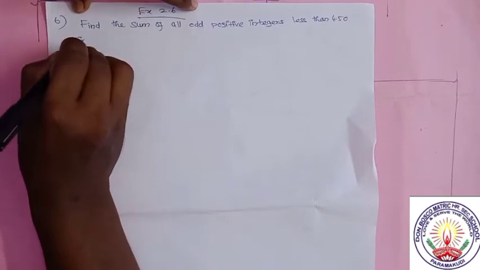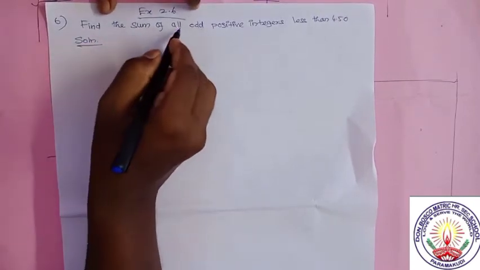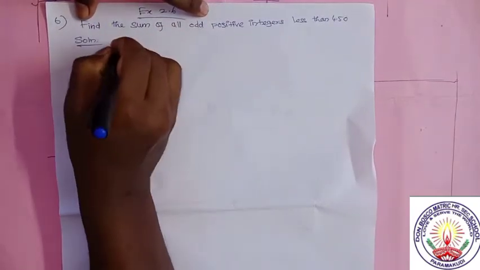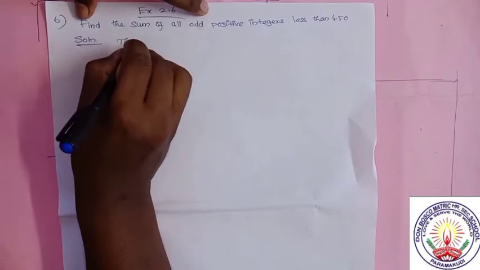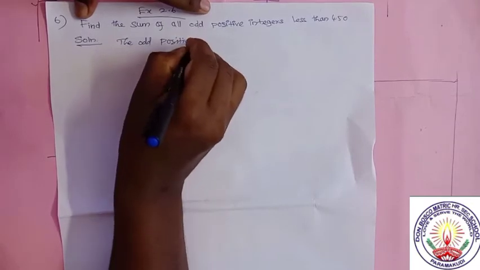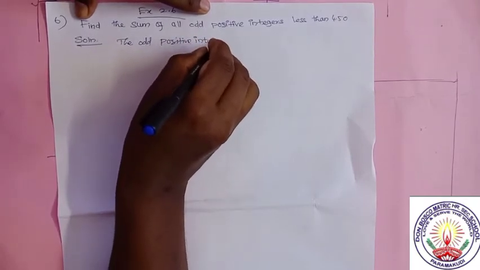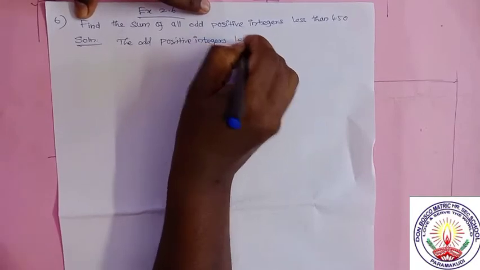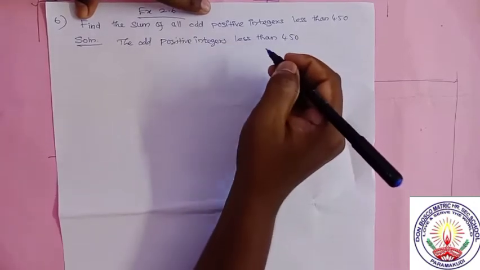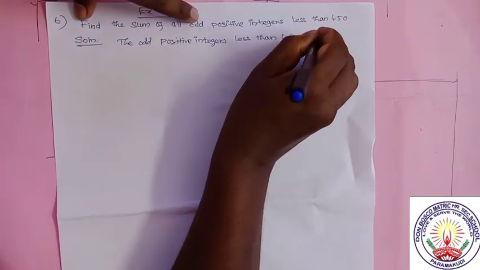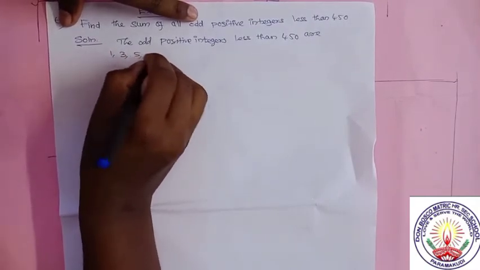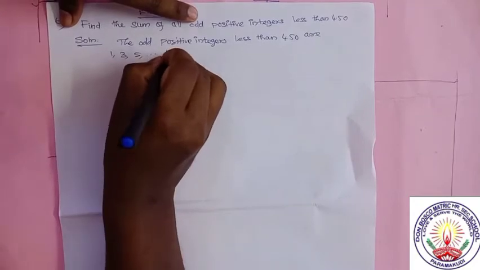First, the solution. Find the sum of all odd positive integers less than 450. So what are the odd positive integers less than 450? 1, 3, 5, and so on, less than 450 means up to 449.